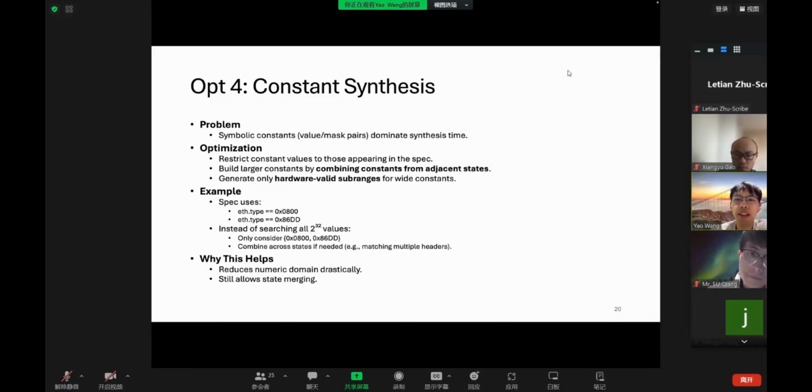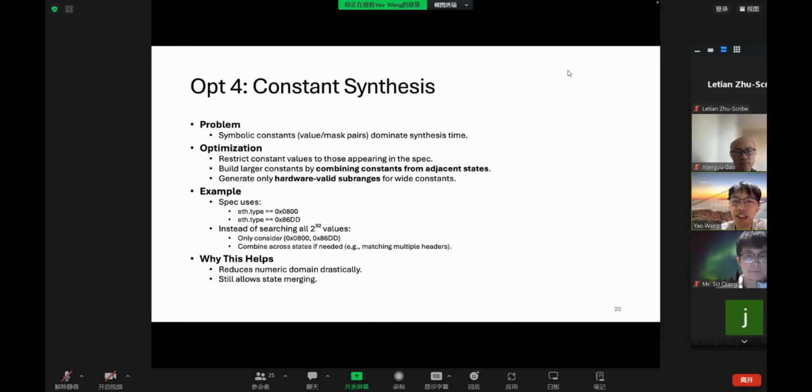A major bottleneck in synthesis is reasoning about constants, especially value matching. Without restriction, a 16-bit field introduces 2 to the power of 16 possible constants. This is far too many. And ParserHawk uses a simple but powerful design. The parser specifications already enumerate almost all meaningful constants.